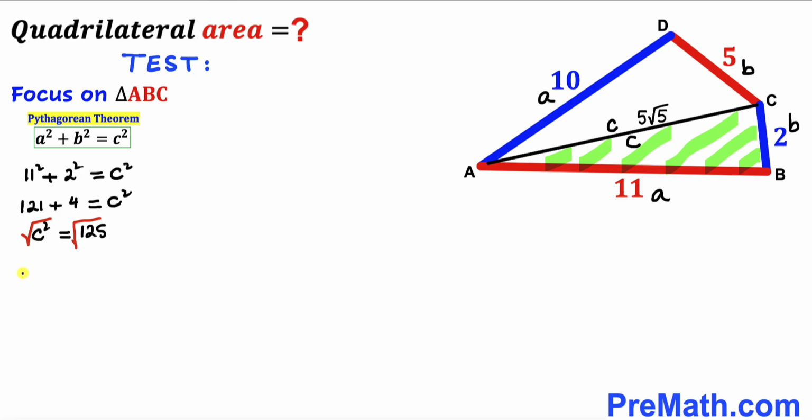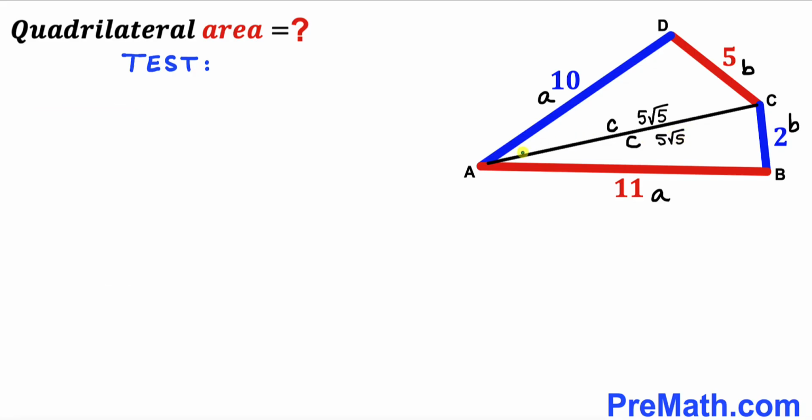Our c value turns out to be positive 5 times the square root of 5 once again.